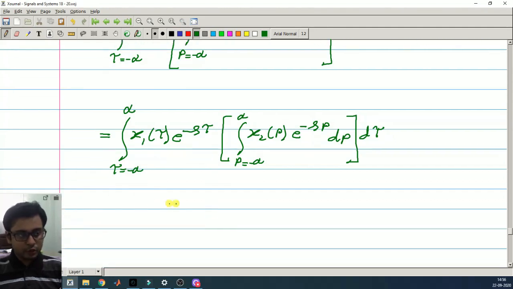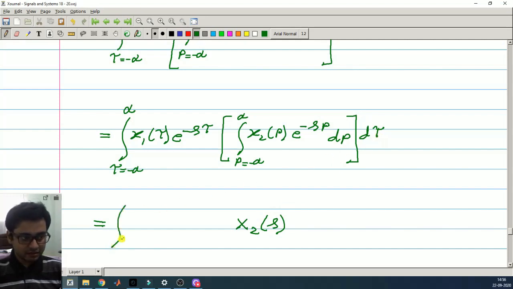Okay, now you can see that this term inside the bracket is nothing but Laplace transform of x2. So this I can write as capital X2(s), and then the other terms as it is.